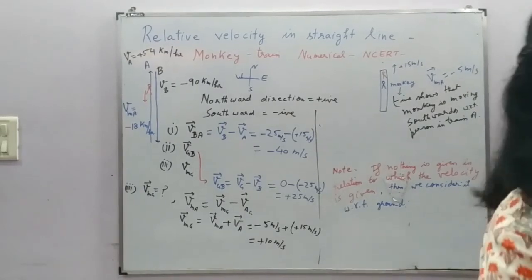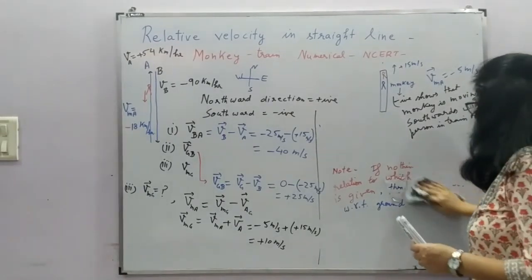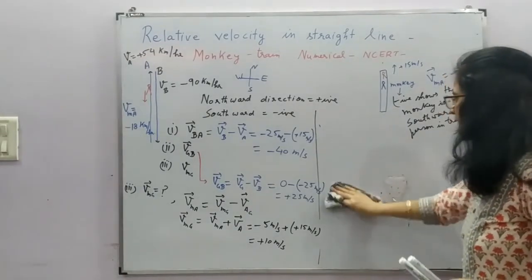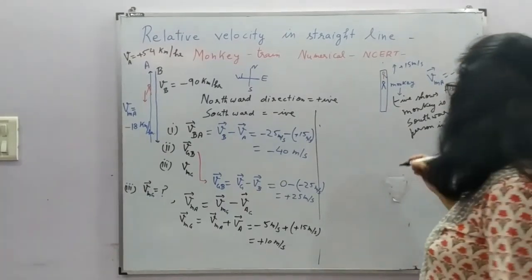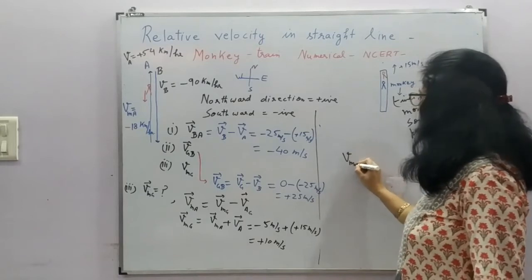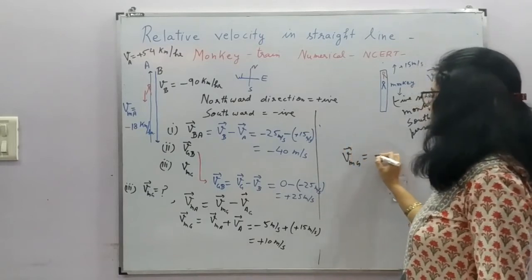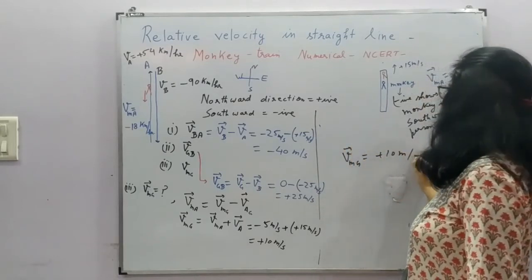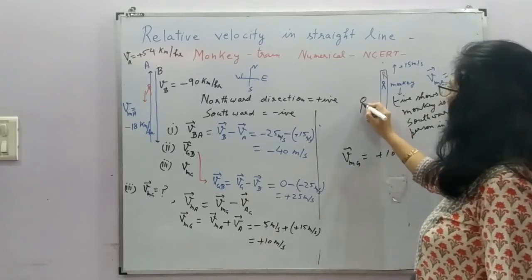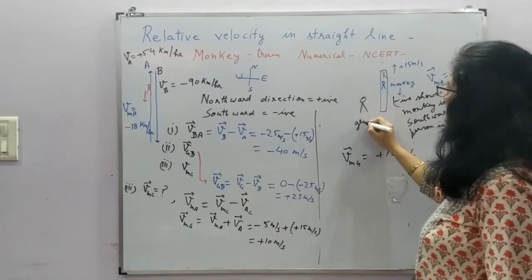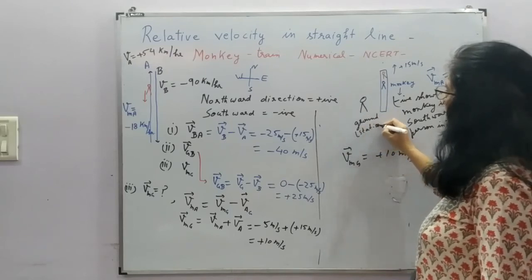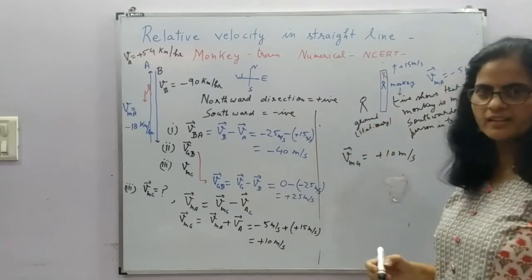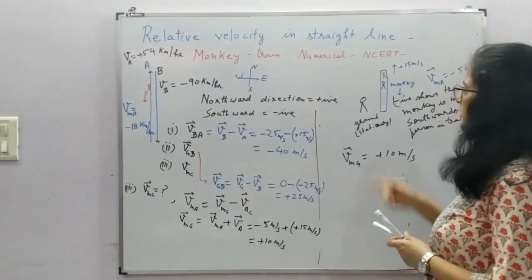Okay. Now let's take the case of the velocity we have calculated as velocity of monkey with respect to ground. So if we have velocity of monkey with respect to ground, this is plus 10 meter per second. So that means if a person is on the ground and he is stationary, we consider ground to be stationary.